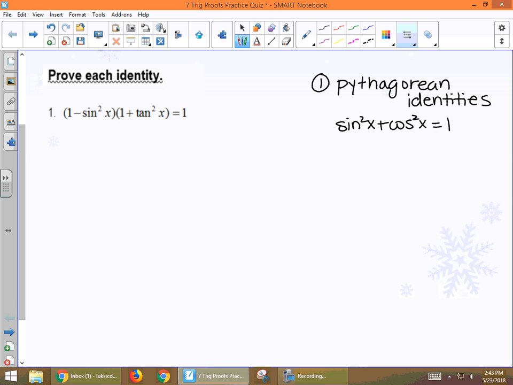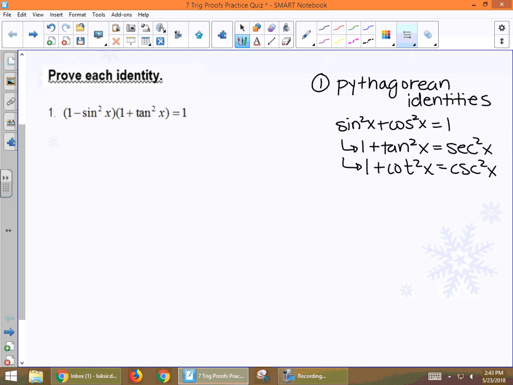The others are secant: 1 plus tan squared equals secant squared, and 1 plus cotangent squared equals cosecant squared. I just remember that the co's go together, cotangent and cosecant, and that tan and secant go together.